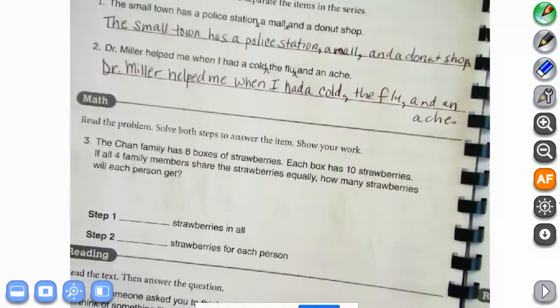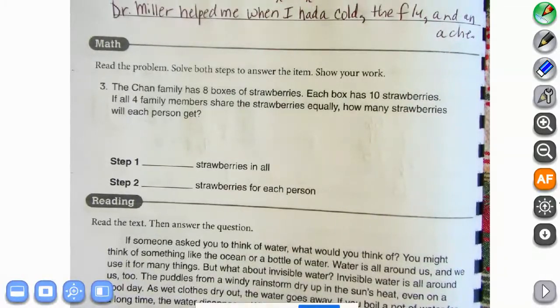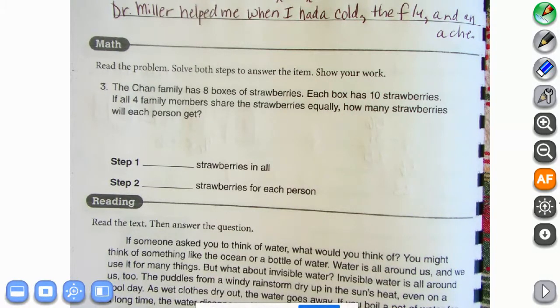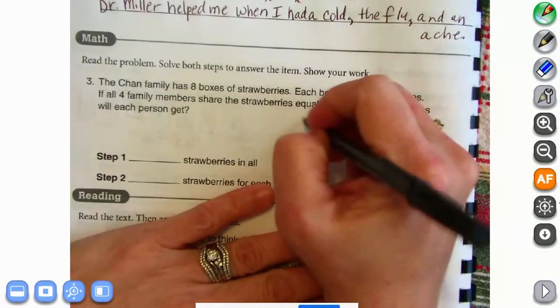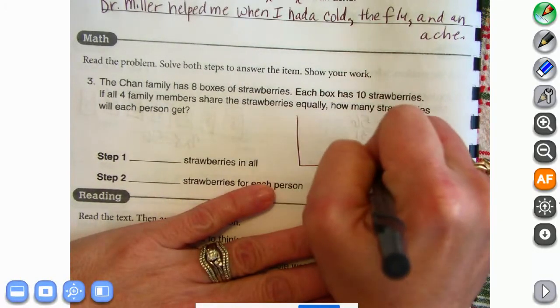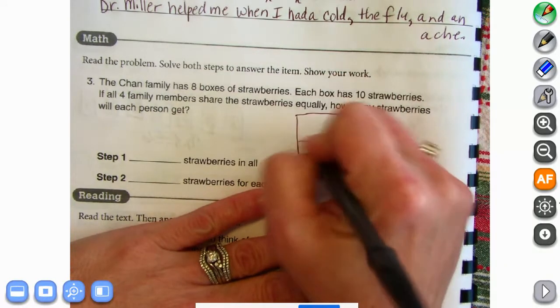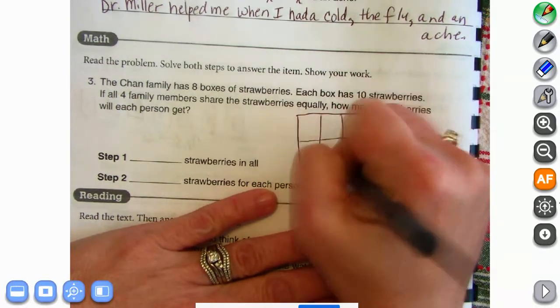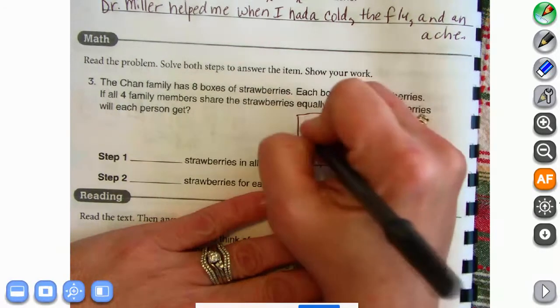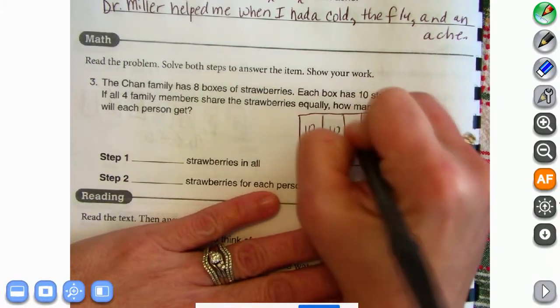All right, we are on to problem 3 from math. It says, read the problem, solve both steps to answer the item, show your work. The Chan family has 8 boxes of strawberries. Each box has 10 strawberries. If all 4 family members share the strawberries equally, how many strawberries will each person get? Okay, so when you think about it, they have 8 boxes, and there's 10 in each one, right?